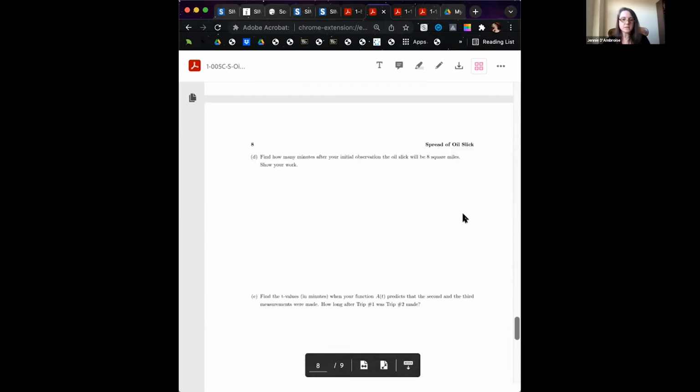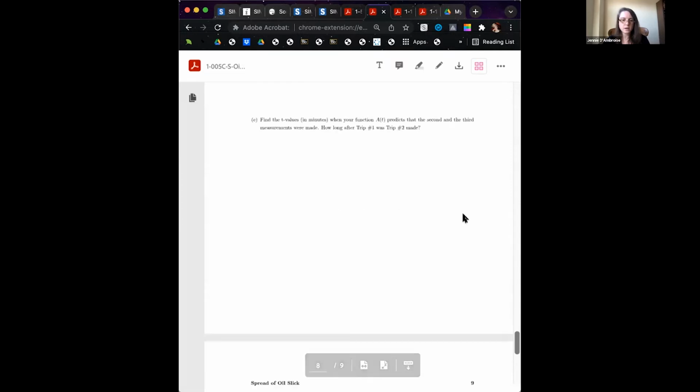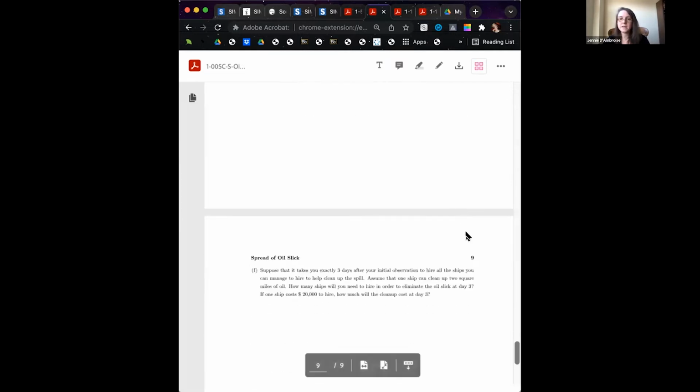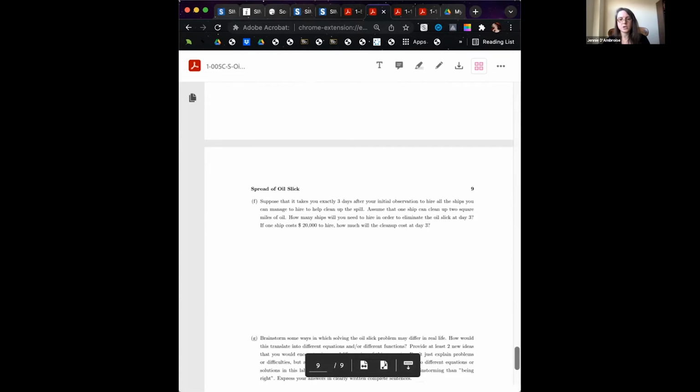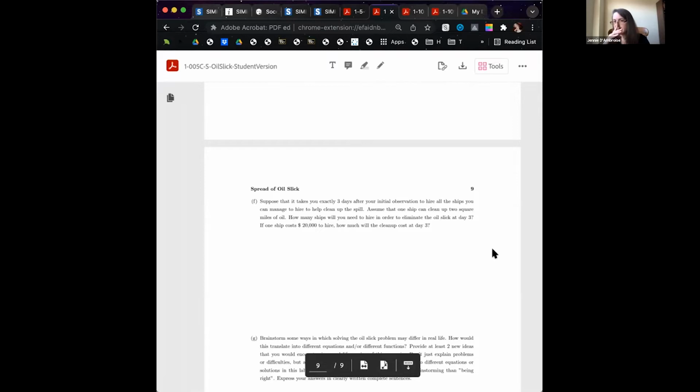And then I built in some questions about how much it costs. Part of what I tried to build into this oil slick lab was not just a prediction about how big the oil slick is, but to pose it as an environmental cleanup problem: how many resources would you need to clean up X number of square miles of oil?